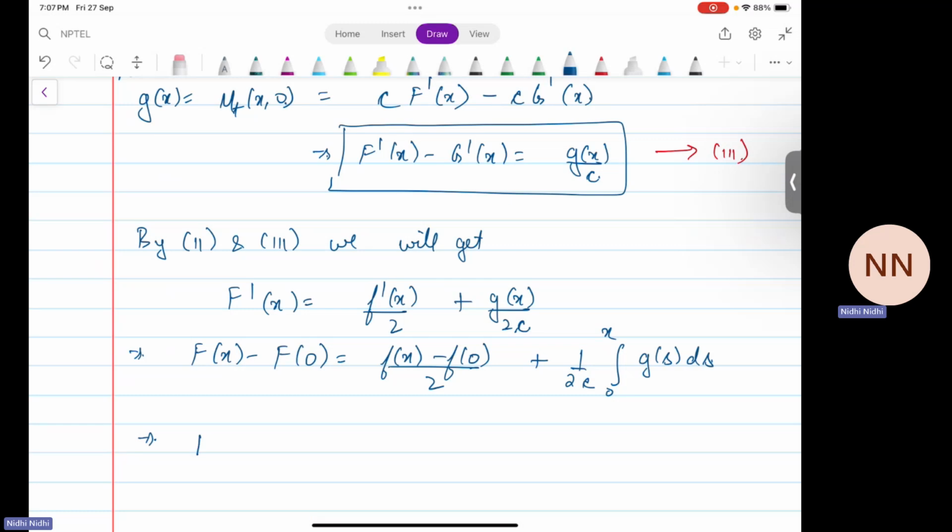Now this gives us F of x is equal to f of x by 2 plus 1 by 2c integral from 0 to x of g of s ds plus f of 0 by 2 plus capital F of 0.